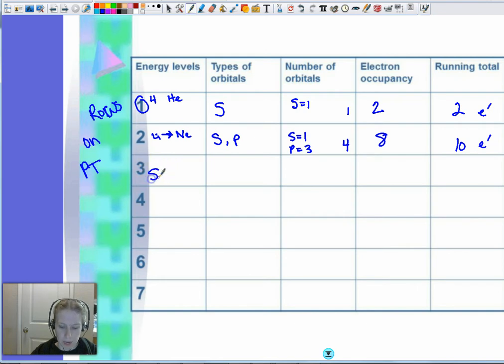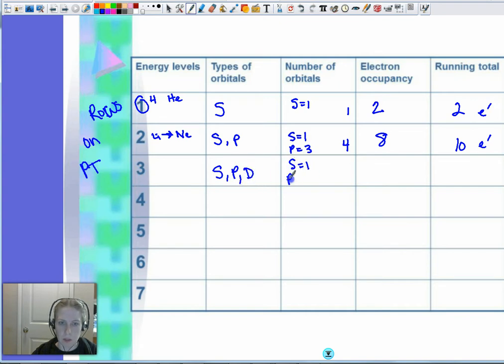3 is going to have S, P, and now D. S equals 1 orbital. Sorry. Totally got off there on where I was writing stuff. So here, S, P, and D orbitals.